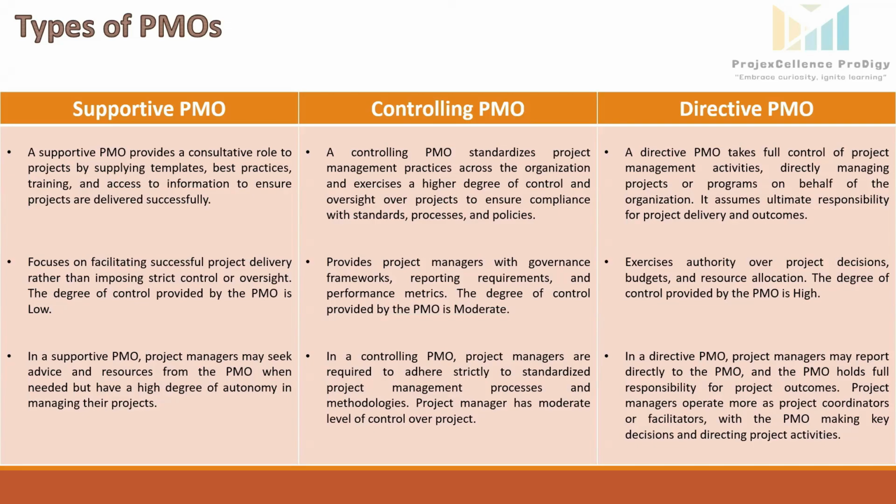If we see the company Johnson and Johnson, a global leader in medical devices, pharmaceutical, and consumer health products, it often utilizes a controlling PMO. This PMO ensures that all the projects, especially those related to clinical trials and regulatory submissions, comply with stringent industry regulations and internal standards.